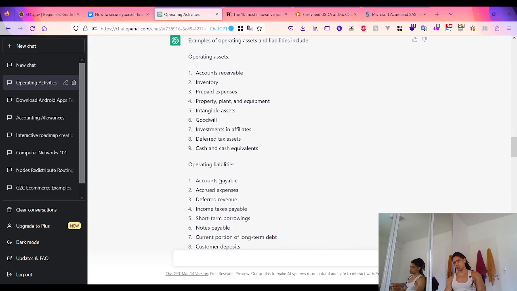Okay, so to summarize, a couple of examples of operating assets: you have accounts receivable, in Spanish, cuentas por cobrar.